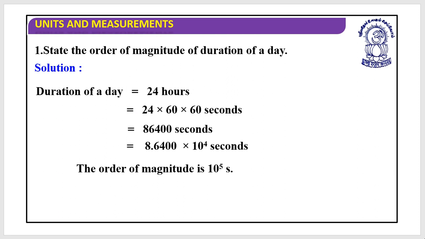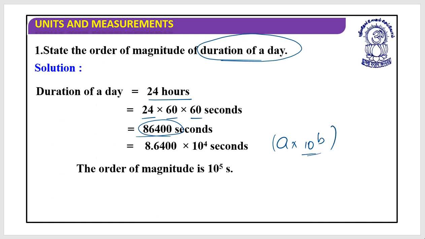State the order of magnitude of the duration of a day. Duration of a day is 24 hours. Convert to seconds: 24 hours multiplied by 60 minutes multiplied by 60 seconds. This comes to 86400 seconds. I can write it as a into 10 to the power b, so it is 8.6400 into 10 to the power 4 seconds.